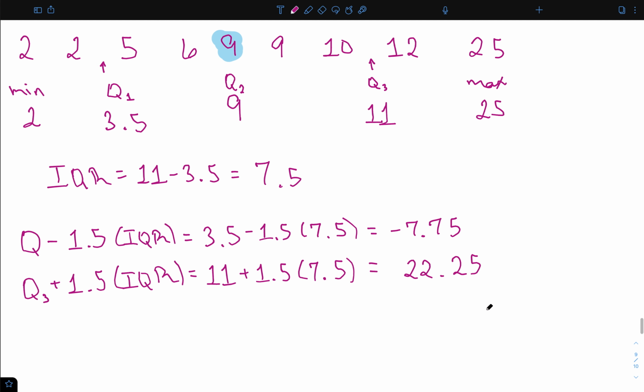So any numbers larger than 22.25 is considered an outlier. In this case, we do have a data value that is bigger than 22.25. So we have that 25 is in fact an outlier of this data set.